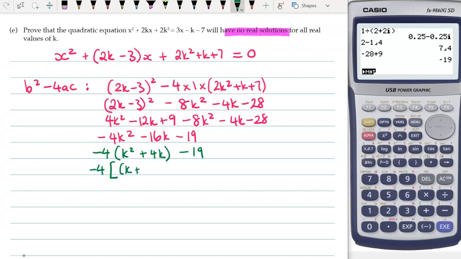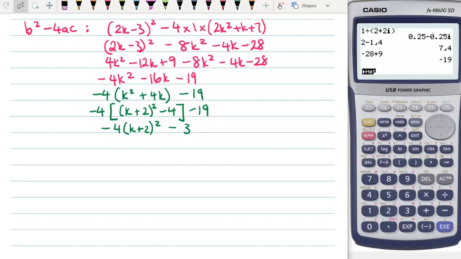So that'll be k plus 2 squared. That will give us the k squared plus the 4k. It also gives us plus 4, so we need to subtract 4 from it. That'll be minus 19. So then multiplying that out, we have minus 4 times k plus 2 squared plus 16 minus 19. So that ends up being a minus 3.